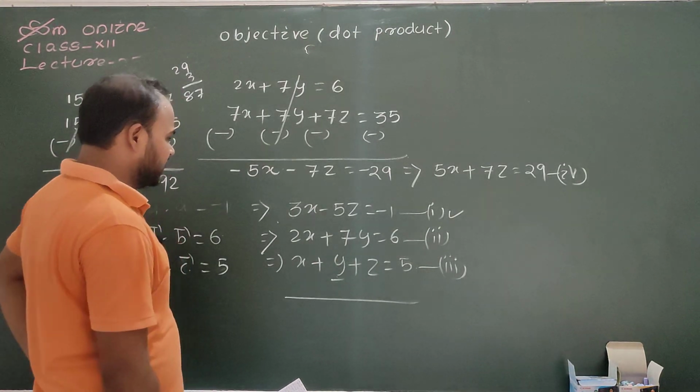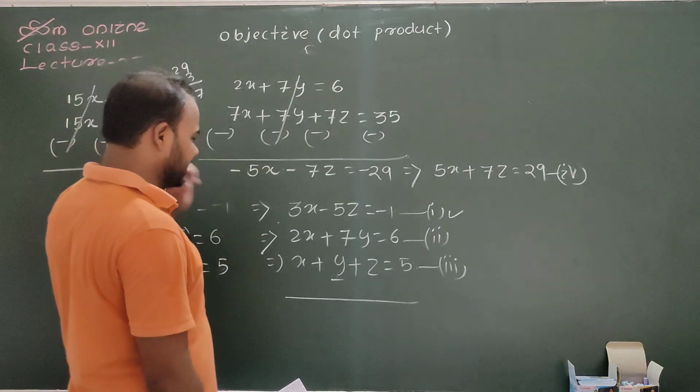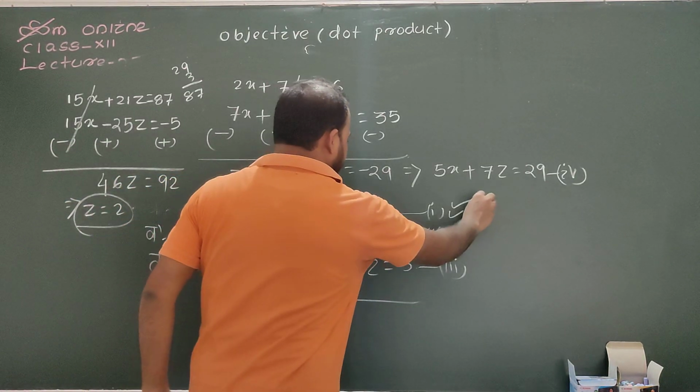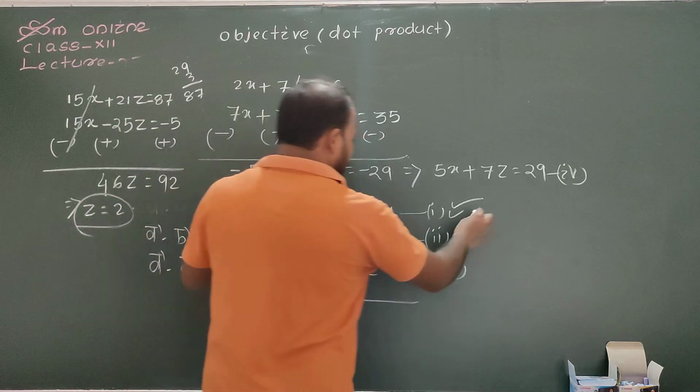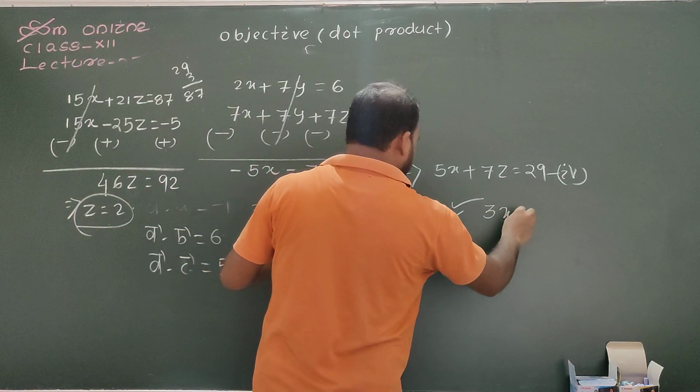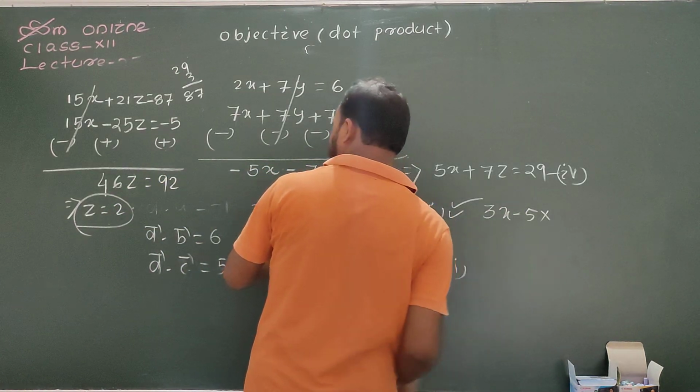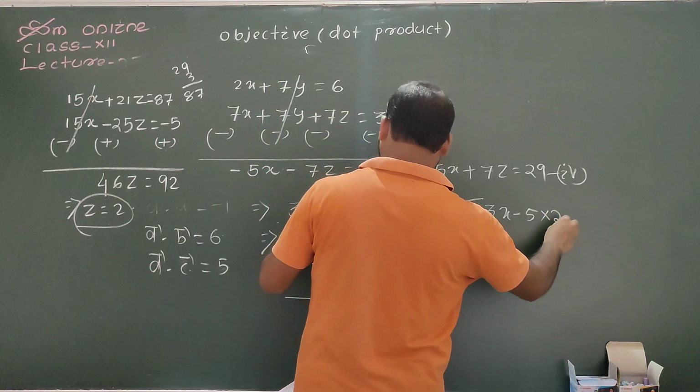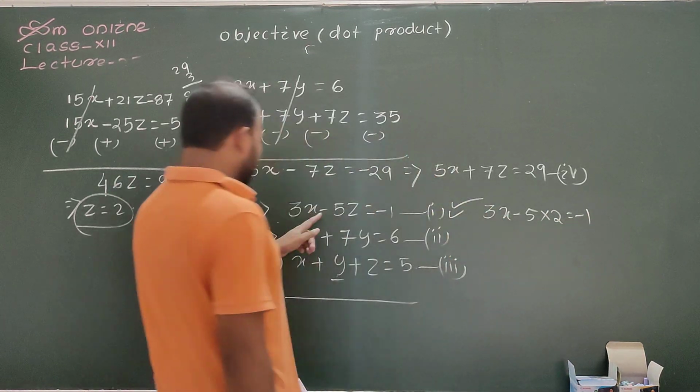If we put the value of z in equation I, we get 3x minus 5 into z, that is 2, equal to minus 1.